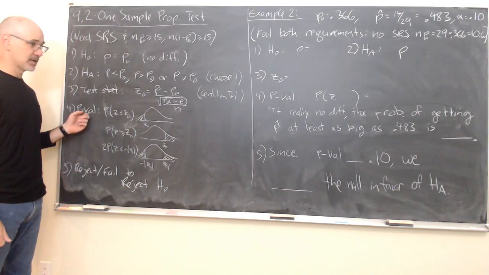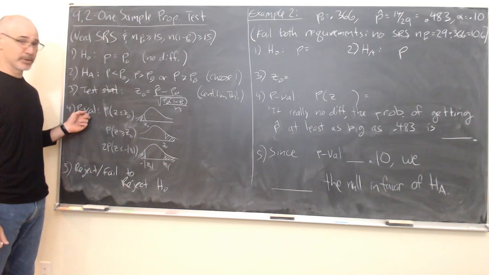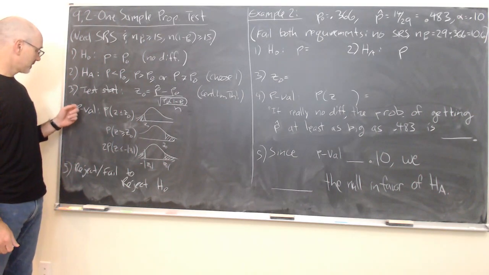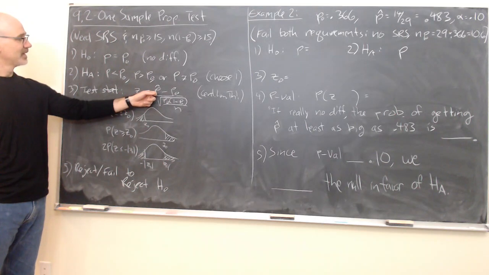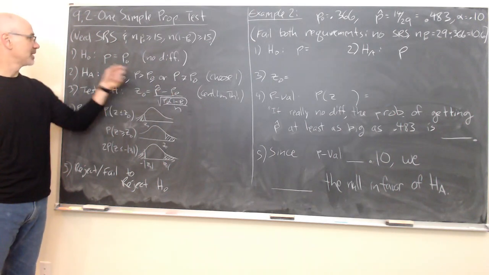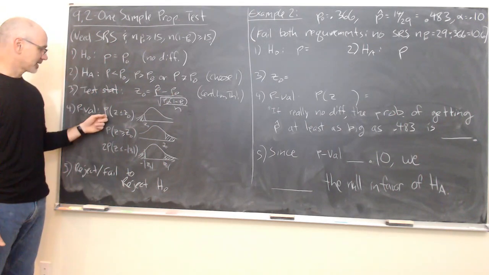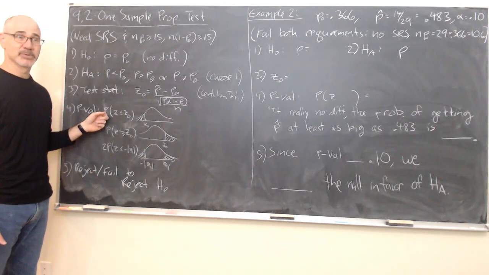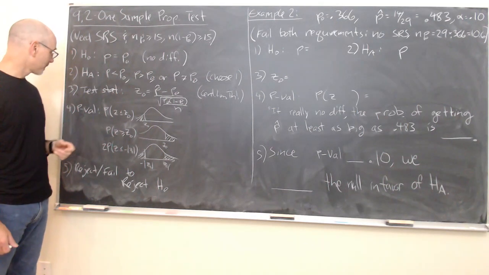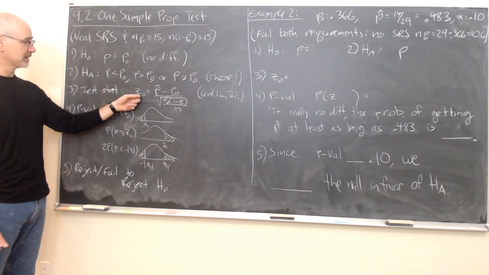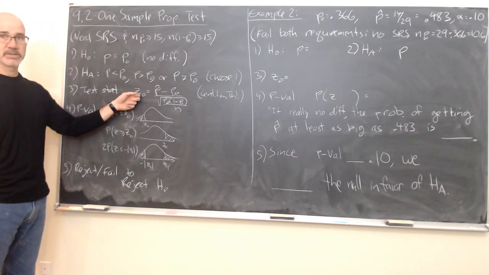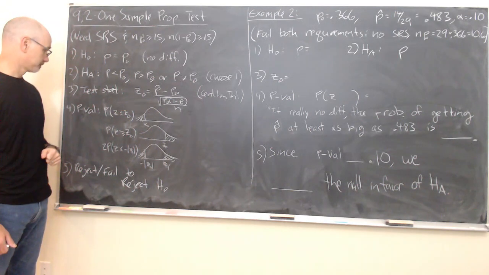There are an awful lot of different uses for p on this board. We have capital P for p-value. We have little p hat, little p naught, little p, and then a capital P for probability, right? So it's a lot to keep track of. But the p-value, capital P, represents the probability of getting something at least as rare as the test statistic that we got.